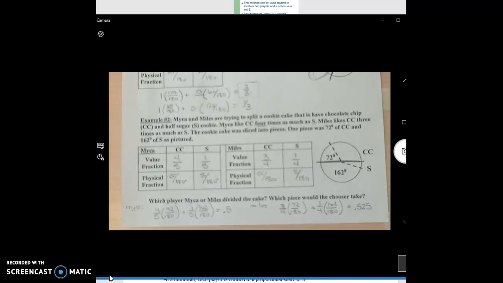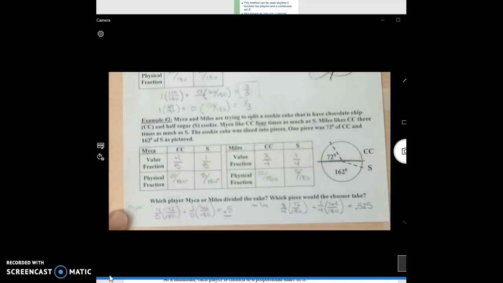Okay, so who was our divider, and then which piece would the chooser take? Well, if you remember what we said, the divider will always make sure that he or she gets 50% of whatever you're dividing. So in this case, Micah is going to be my divider because he ensures he is going to get 50%. And then who was my chooser?